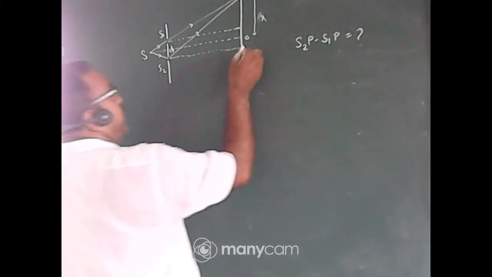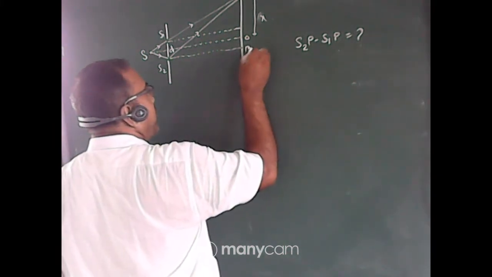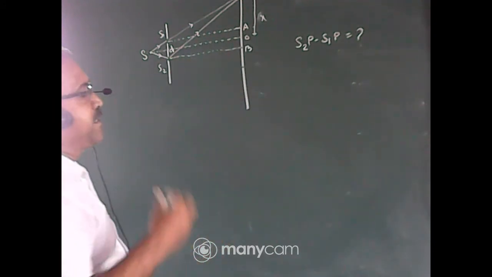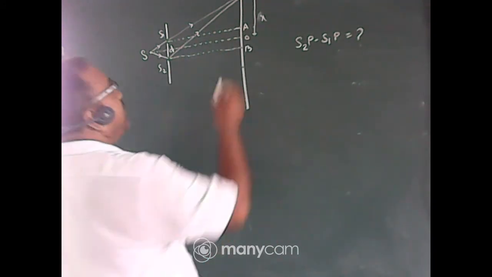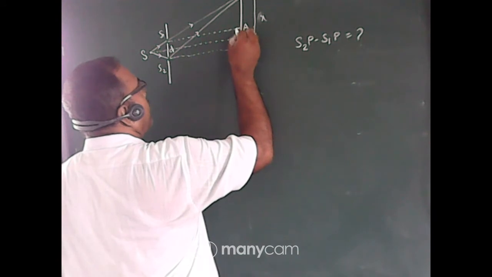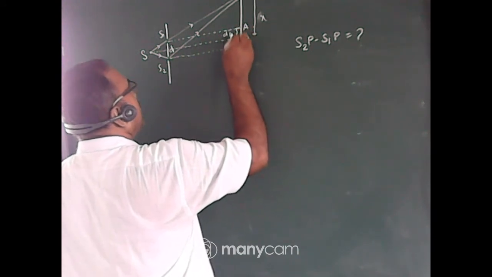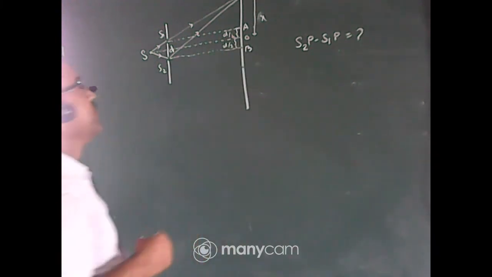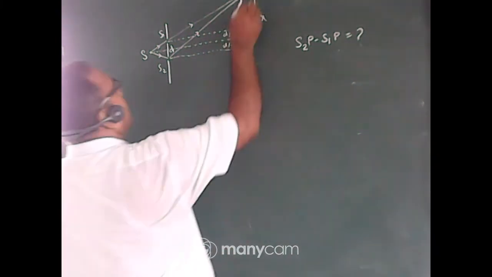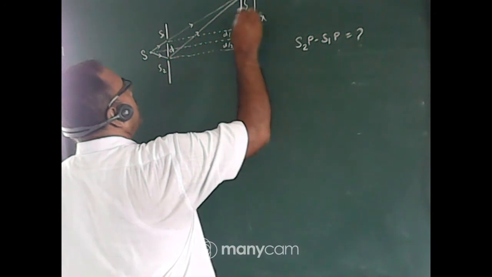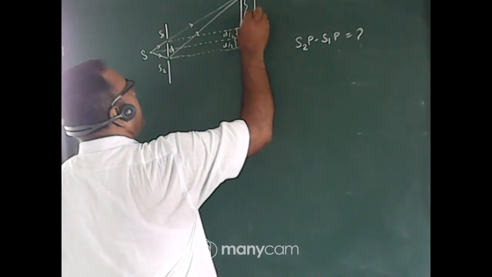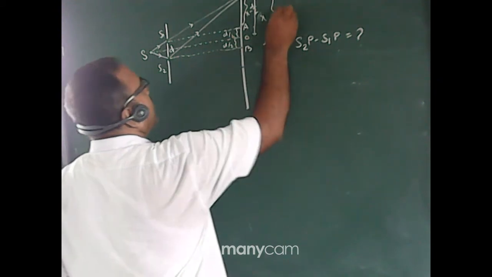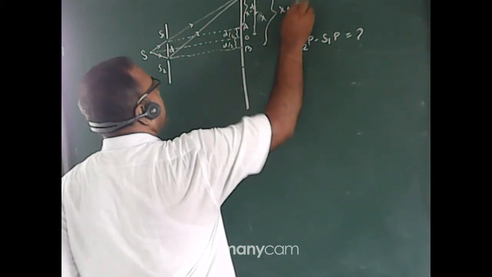You consider here, that is B and that is A. If the distance between the two slits is d, then OA equal to d by 2 and OB is also d by 2. So AP equal to x minus d by 2 and PB equal to x plus d by 2.